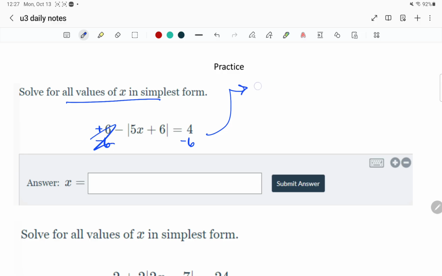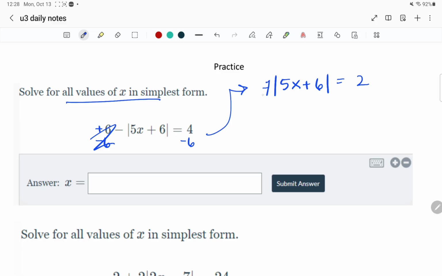That goes away, and I'm left with negative absolute value of 5x plus 6 equals, not 4, 4 minus 6 is negative 2. And then I can either say to myself, well, if it's negative on the outside here and it's negative on the outside here, I can make them both positive.